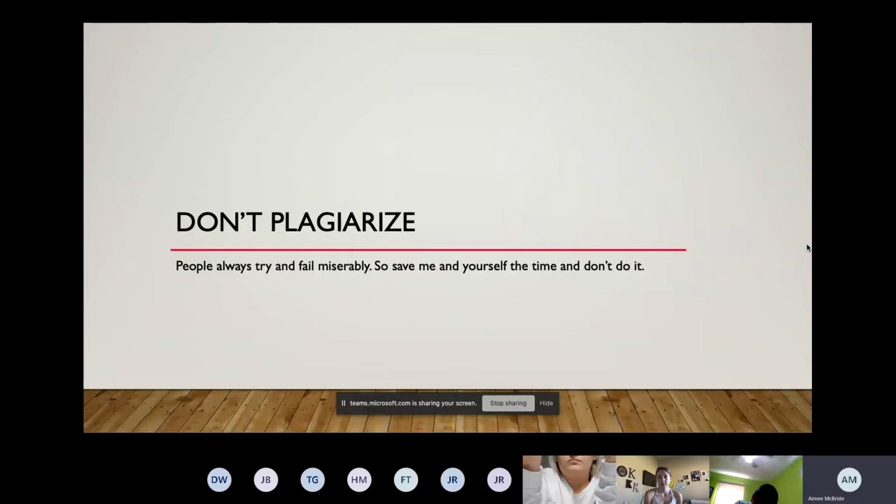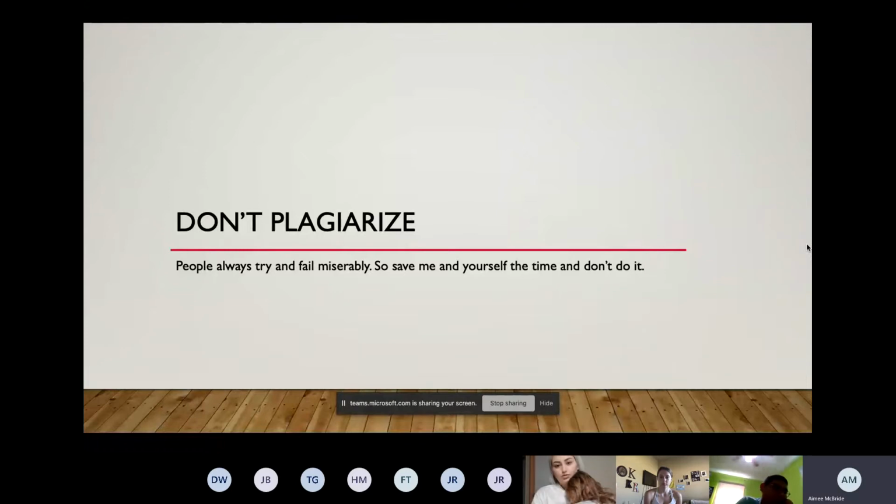So please, if you're going to quote something, cite that source. If you don't know how to cite a source, go to the writing lab or email me and I can teach you how to do that, or the writing lab can teach you, so that you don't get caught up in an issue with plagiarism.